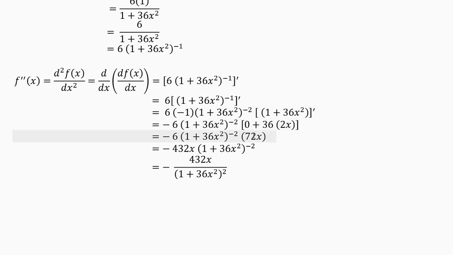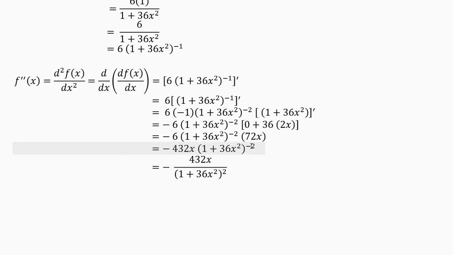Now this bracket with minus 2, you don't have to do anything, just copy it to the next line. And this minus 6 is on the left. Minus 6 into 72 is minus 432. Write the minus 432 here. X you can write either on the left or on the right.